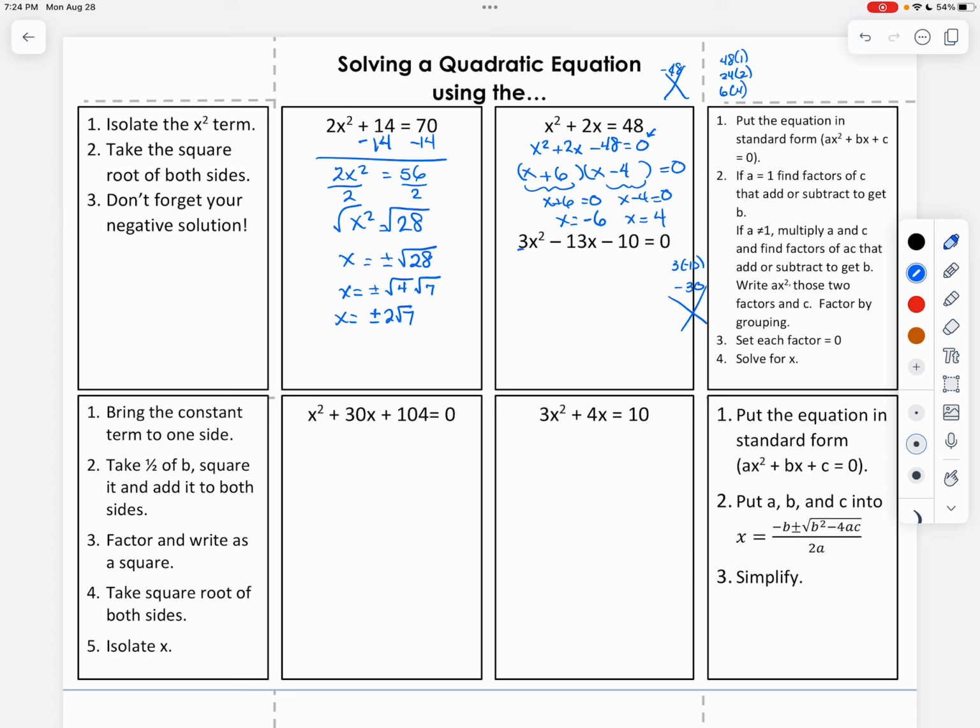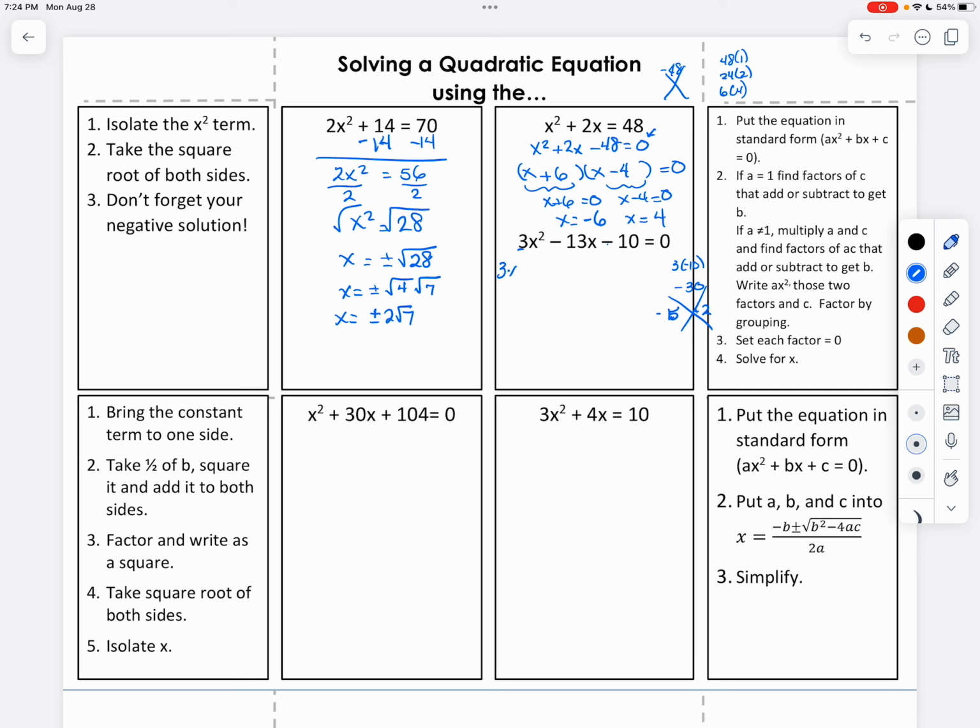And so we want factors of negative 30 that can subtract to become a negative 13. 10 times 3 would add to become 13, but it would not subtract to become 13. So we need 15 and 2. We want a negative 15 and a positive 2.